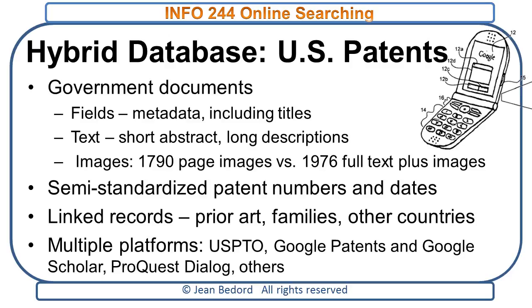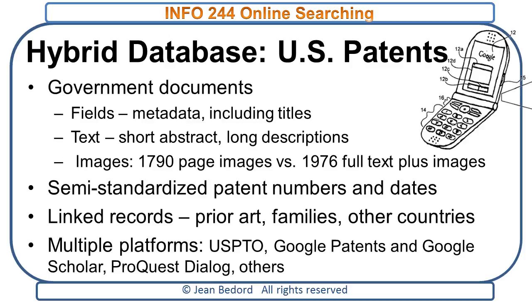The older patents from 1790 to 1975, almost 200 years, are available only as page images. The text can't be searched. From 1976 on, the full text is searchable. As you explore the database, the fielded data will be familiar to you.